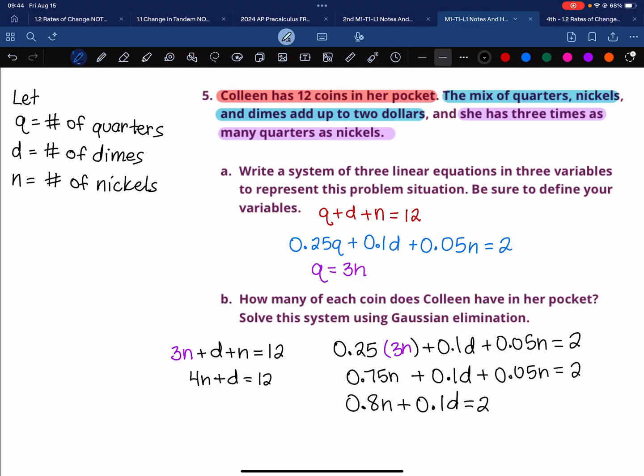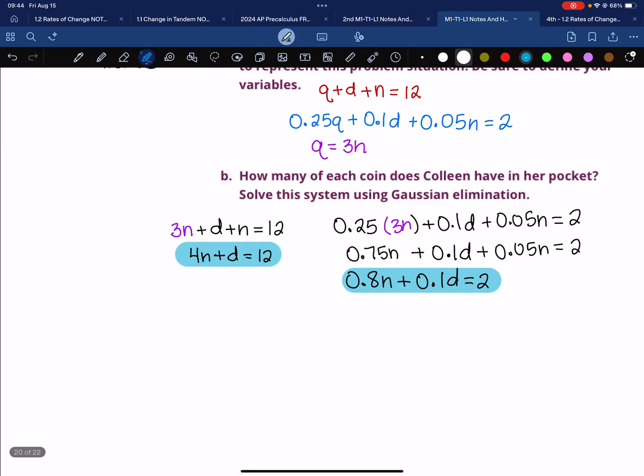Okay. And now we have two new equations. What we can do is either elimination or substitution, whichever method you prefer. For this one, I'll do substitution because I see that I do have a variable by itself.